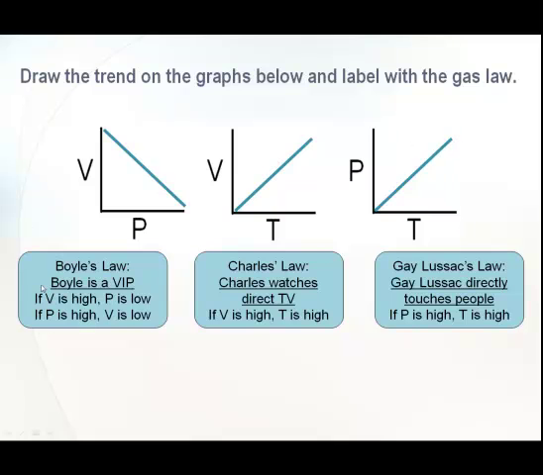Direct relationship here. I do want to point out that these don't necessarily have to be straight lines. For example, something like this, while it's not a straight line, it's still showing the same relationship. It's still showing that here, whenever we are at high volume, we're also at low pressure.